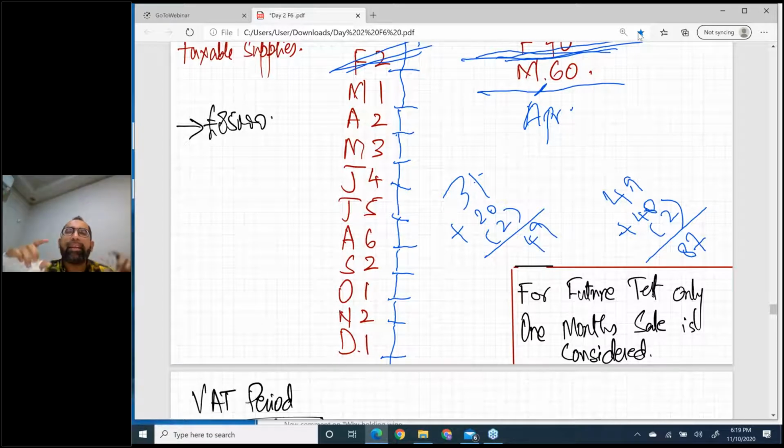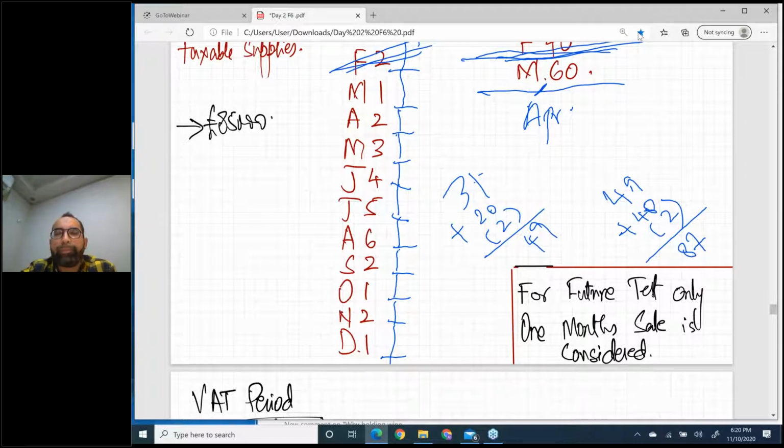If in any 1 month your taxable supplies cross 85,000, then before the end of that month you have to apply for registration, and the tax department will make you an active registered guy from the beginning of that same month. This is what we call the future test. So there are two compulsory tests: the historic test and the future test.